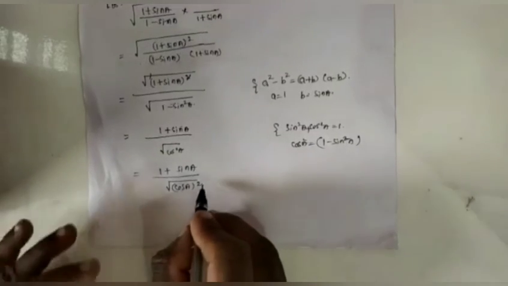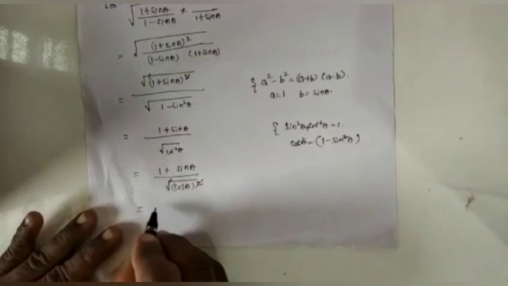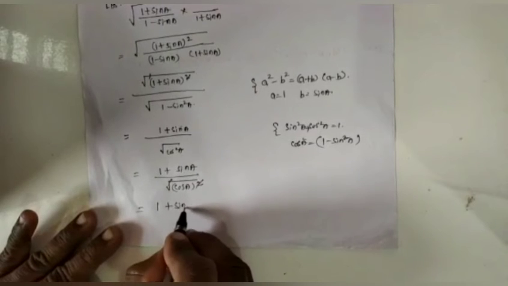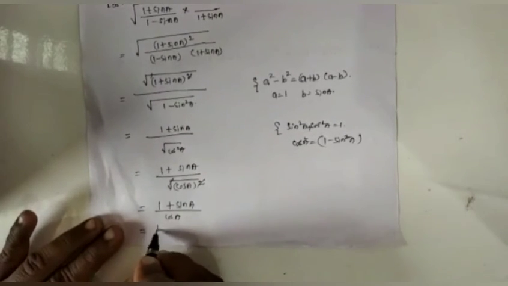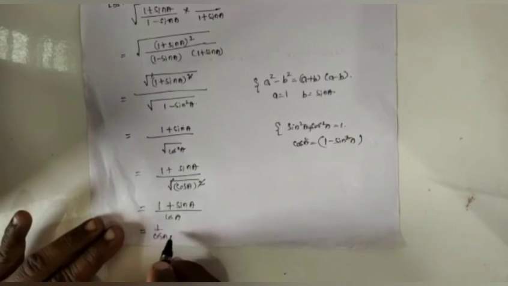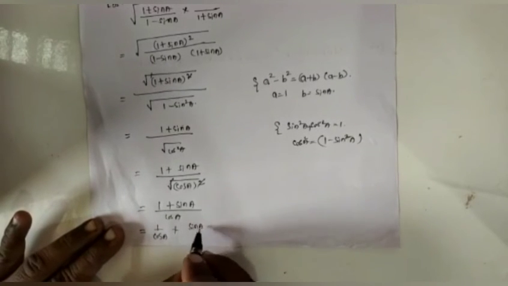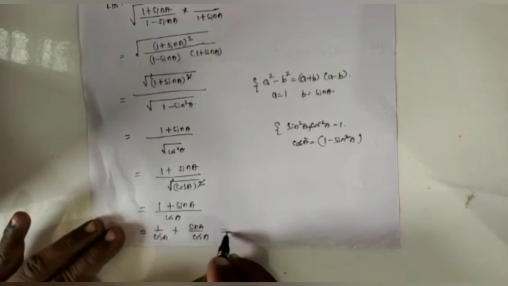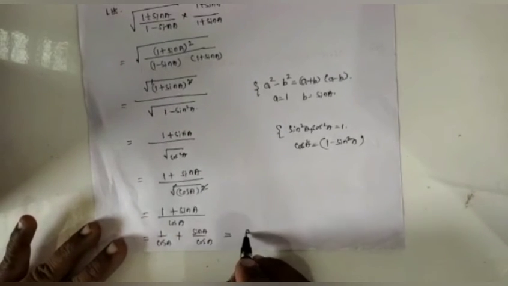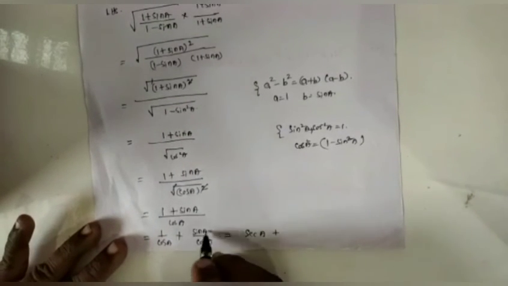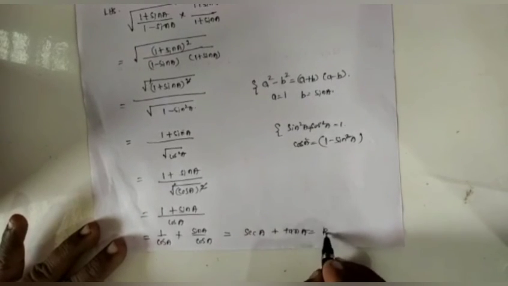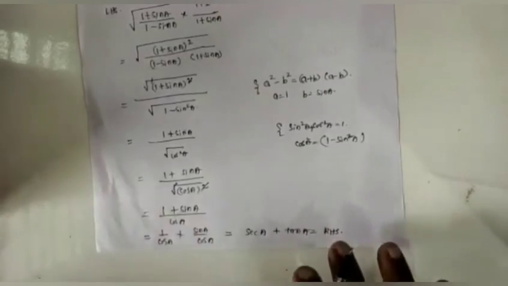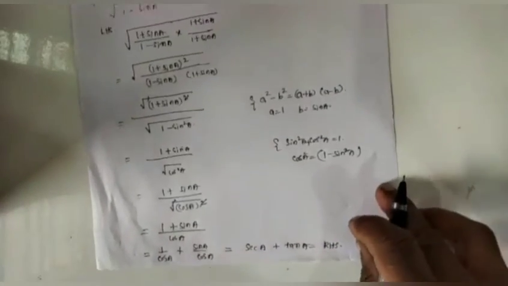The square roots cancel, and the remaining is 1 plus sine a divided by cos a. Therefore we get 1 by cos a plus sine a by cos a, which is secant a plus tan a. Hence we get RHS. Is this clear to all children?